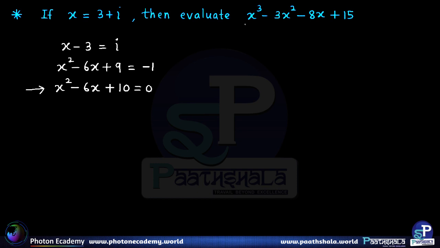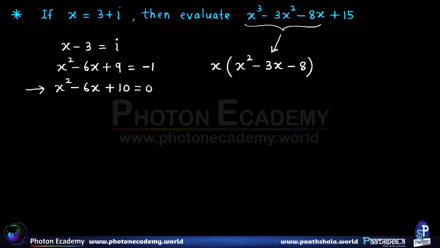Now in the given expression, from the first three terms, if we take x common, then in the bracket we will have x square minus 3x minus 8 left, and plus 15 as it is. Now we try to adjust this expression to the required expression, so that wherever we get x square minus 6x plus 10, we can replace it with 0.